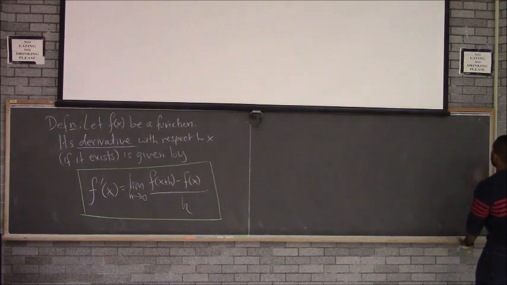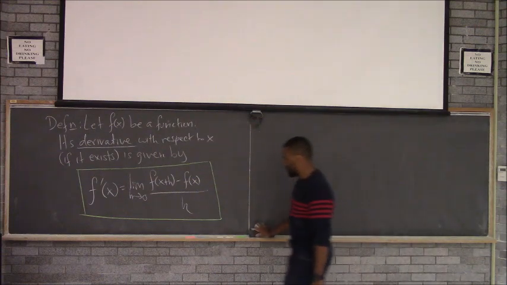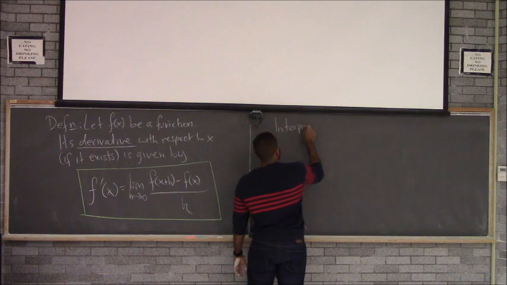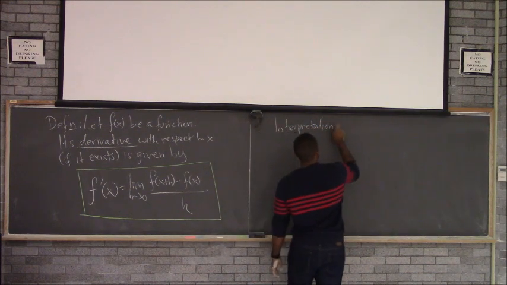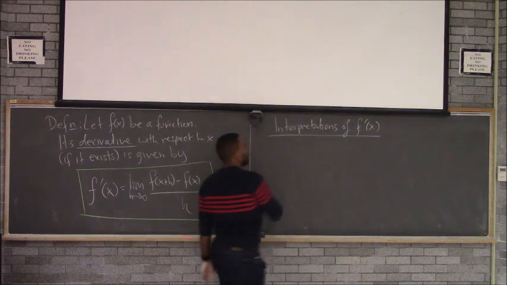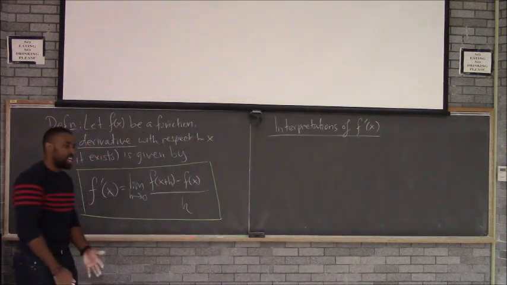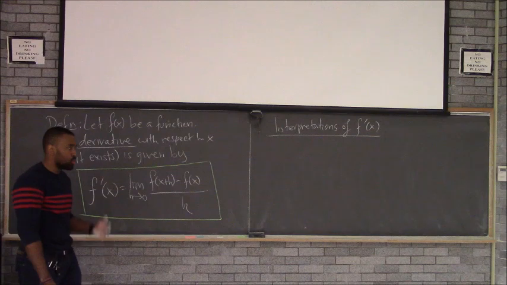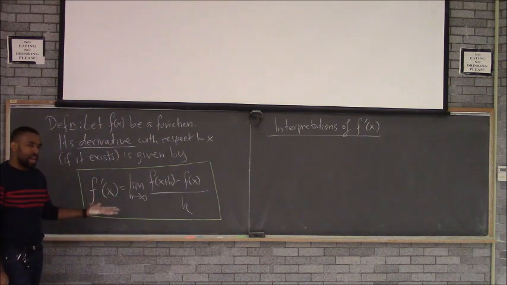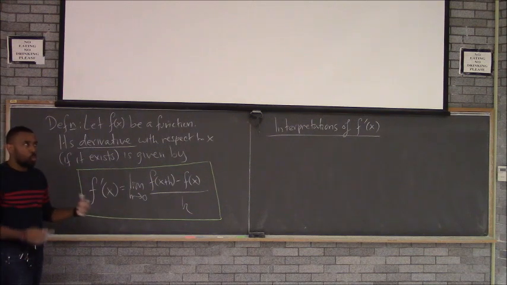Now this is also very important for you to be aware of. Interpretations. What is the interpretation of f prime of x? When you read that and you see this equation, yes, mathematically you can just say, okay, it's that limit. But what does it mean?